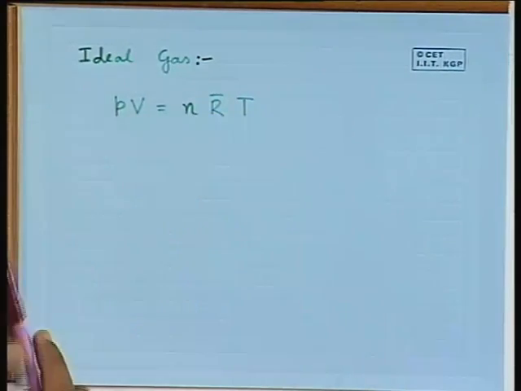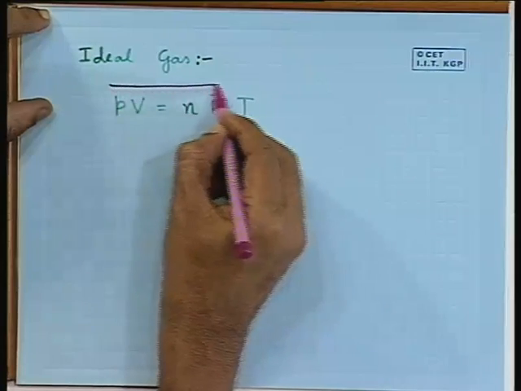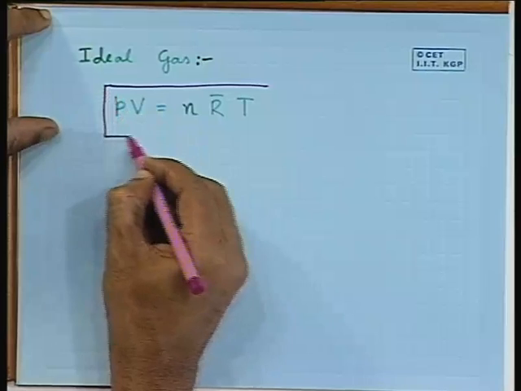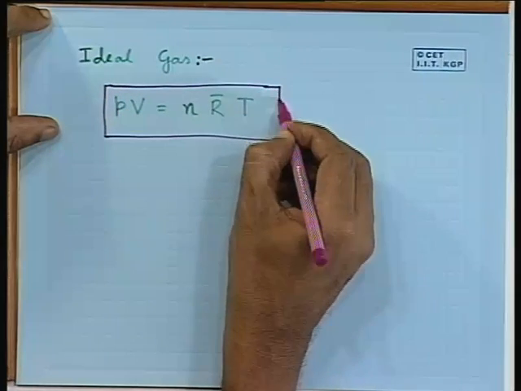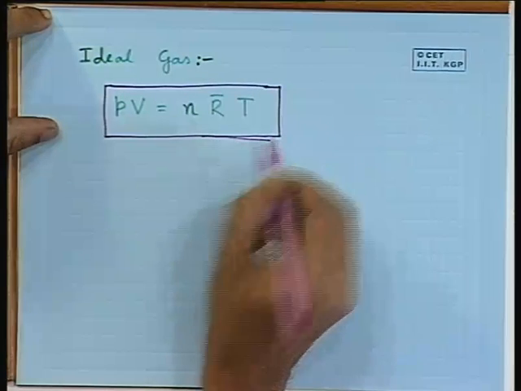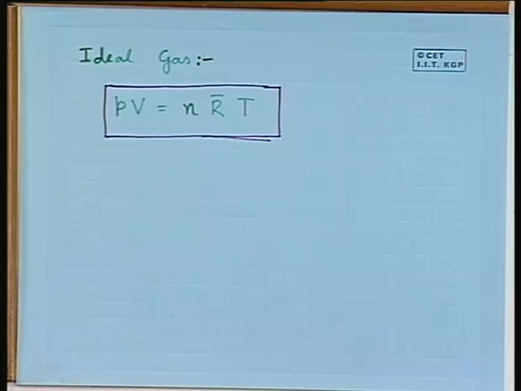So, this is the ideal gas law. Though one may argue that no gas is ideal, because if we go through the assumptions which are made for ideal gas, we will see that they do not hold good for any of the gases, but we will see that there are ranges of pressure and temperature where lot many gases behave like ideal gas. So, we use this law and we analyze different engineering processes. This is known as law for ideal gas.